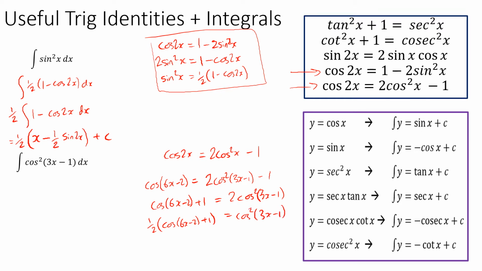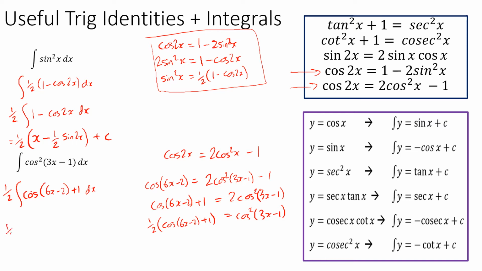And that's a substitution that we can use. So we're going to swap in that this is, let's take the half out straight away, the integral of cos of 6x minus 2 plus 1 dx.